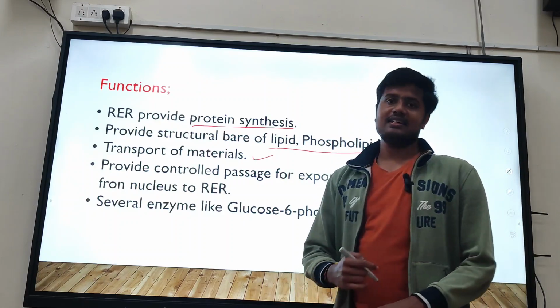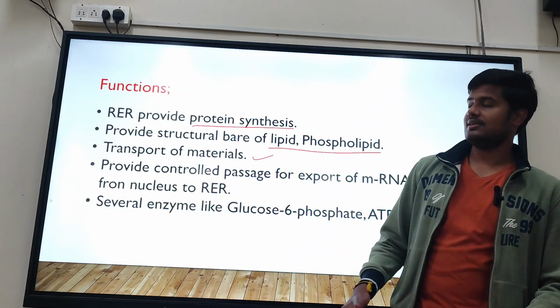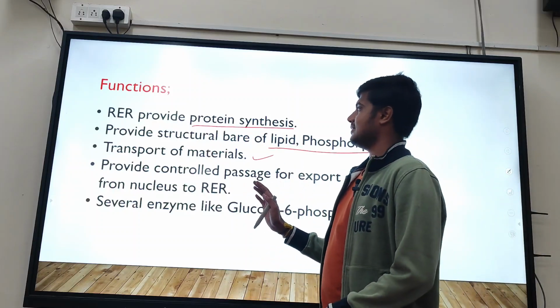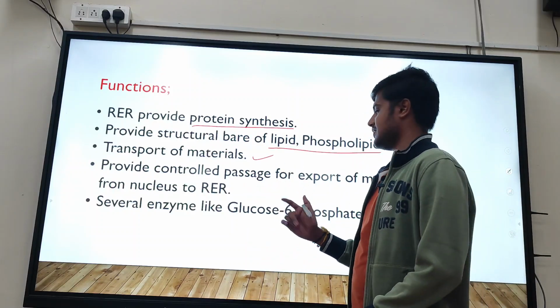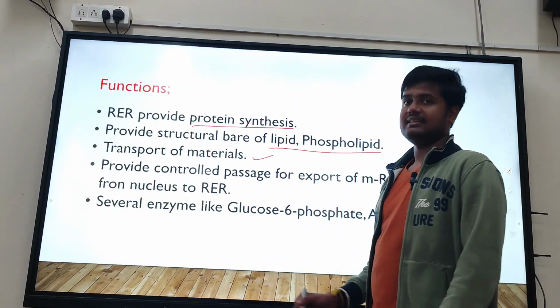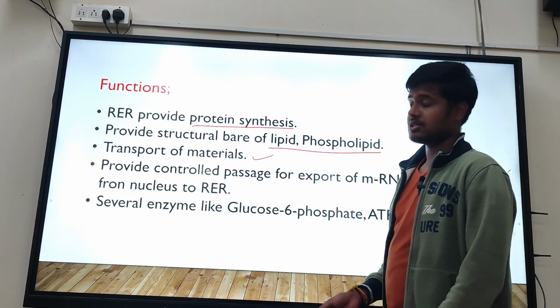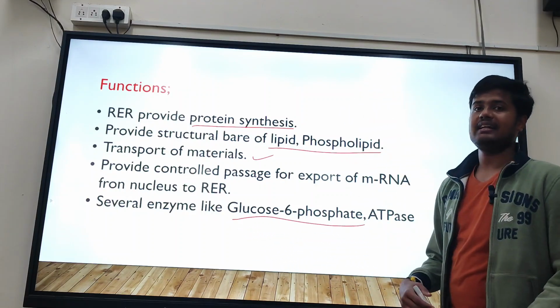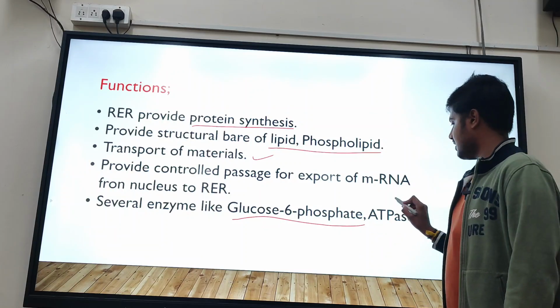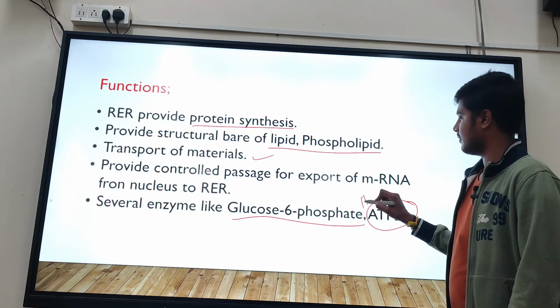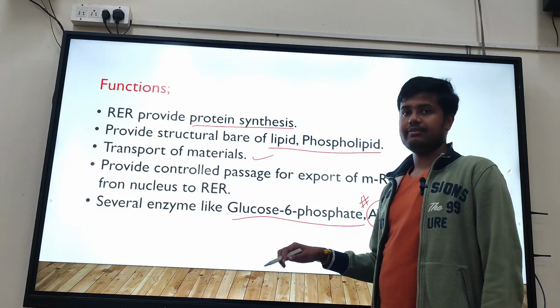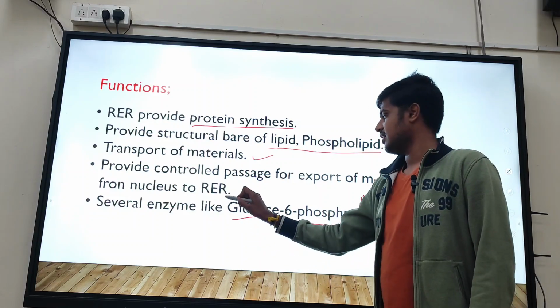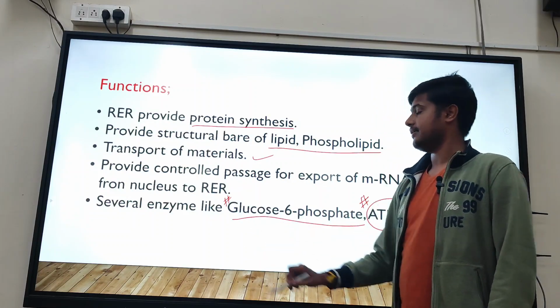Let's study this in the transcription and translation process. Just remember the function. Several enzymes are present in endoplasmic reticulum, such as glucose 6-phosphatase and ATPase. The main enzyme of endoplasmic reticulum is glucose 6-phosphatase.